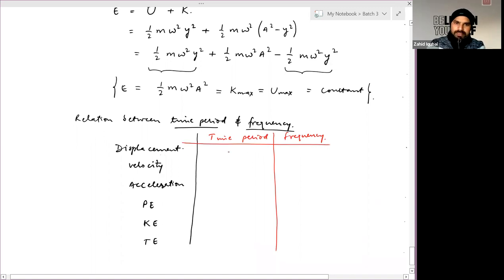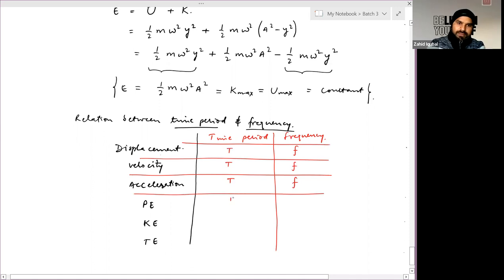For displacement, let's say the time period is T and frequency f. For velocity, it will be the same, and for acceleration, it will be the same. But in case of potential energy, the time period will become half that of displacement, so the frequency will become double.